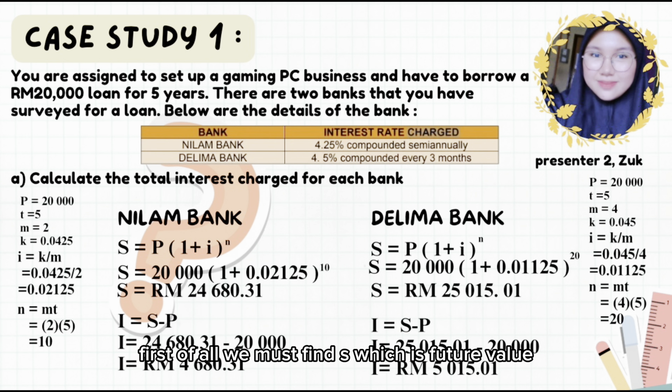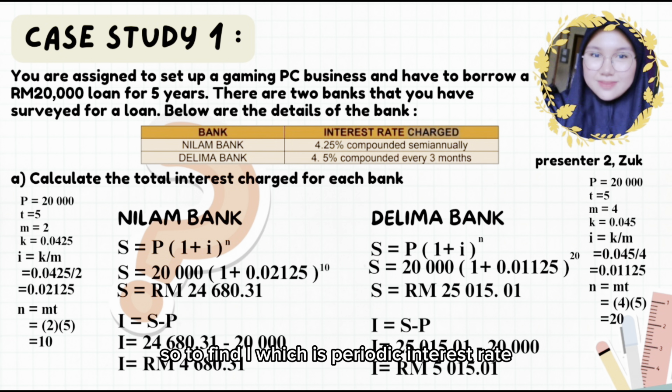First of all, we must find S, which is the future value. The formula is S equals P bracket 1 plus i power n, and the initial value, which is P, is 20,000 ringgit. The term is 5 years. The interest rate is 0.0425, and the frequency, which is m, is 2.